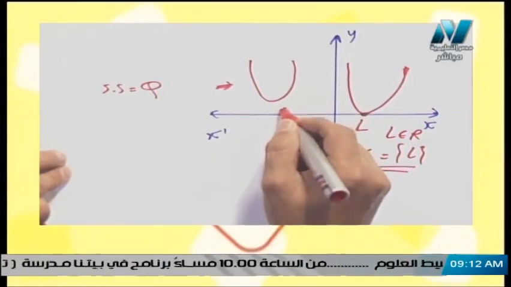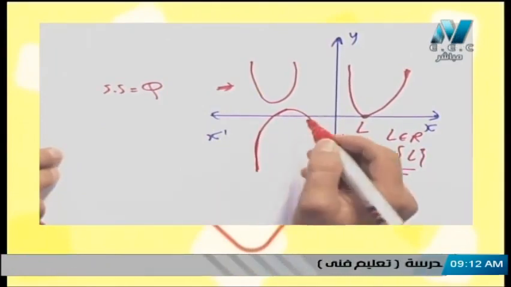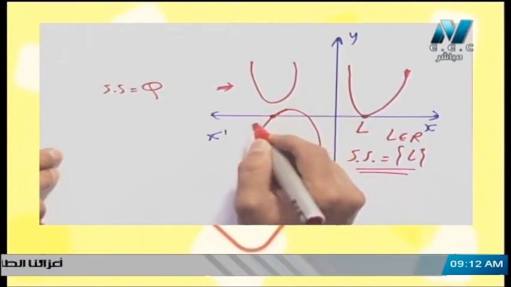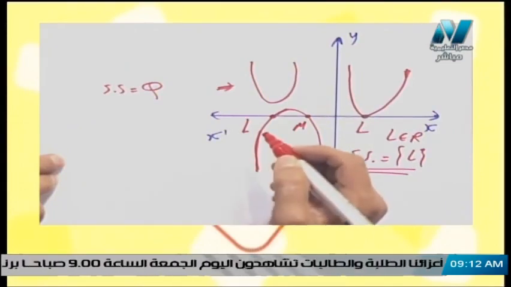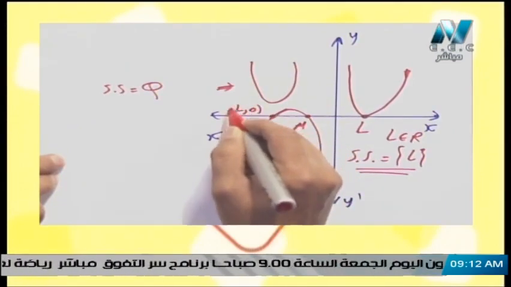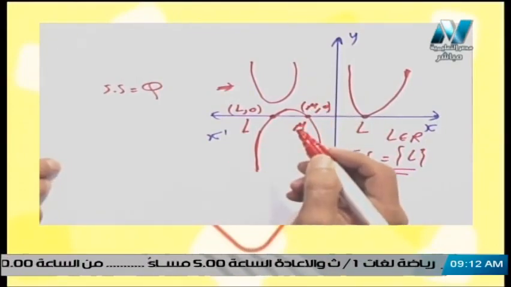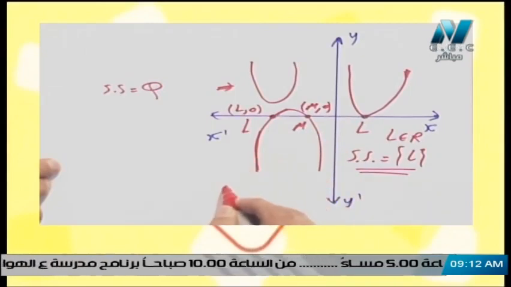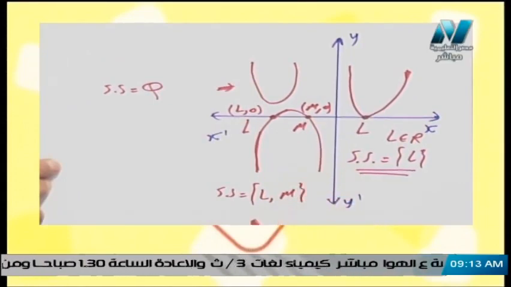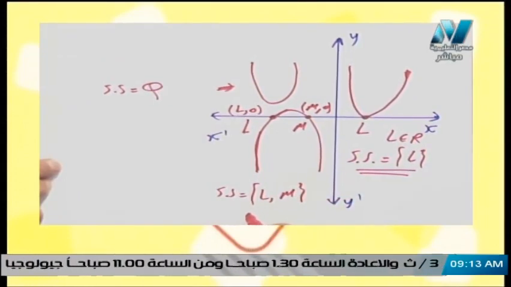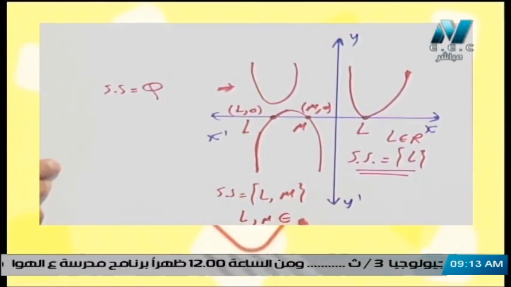Or sometimes the graph takes this figure, say this point is L and this point is M, and we can say the points are (L, 0) and (M, 0), because y here is 0, and the solution set here will be {L, M}, and we know L and M belong to R.